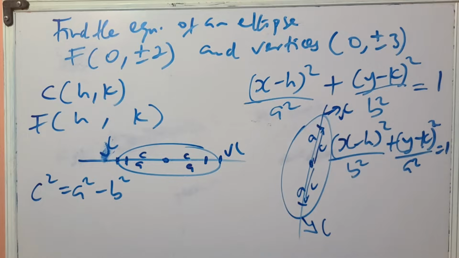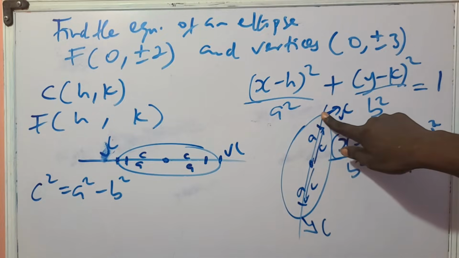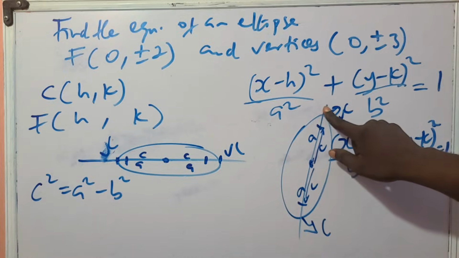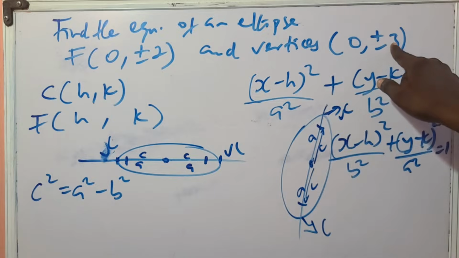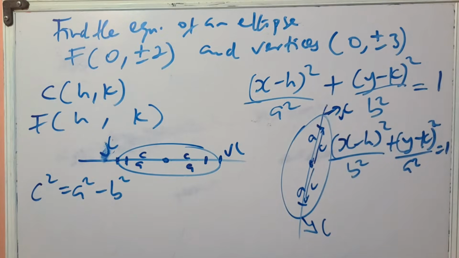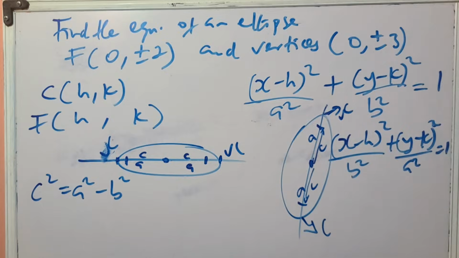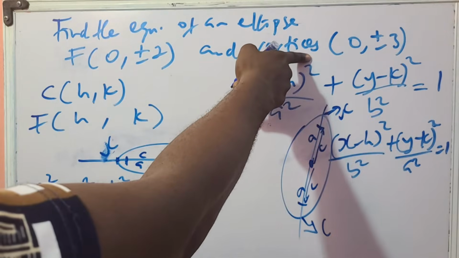And I also can see that my A, because don't forget, we get the vertex from our A. So if we have 0 plus or minus 3, that means in this case, my A here is 3. Because that means from the point of origin, I added and subtracted 3. Because the point of origin is always 0. So this means that my A is actually 3 from my vertices.